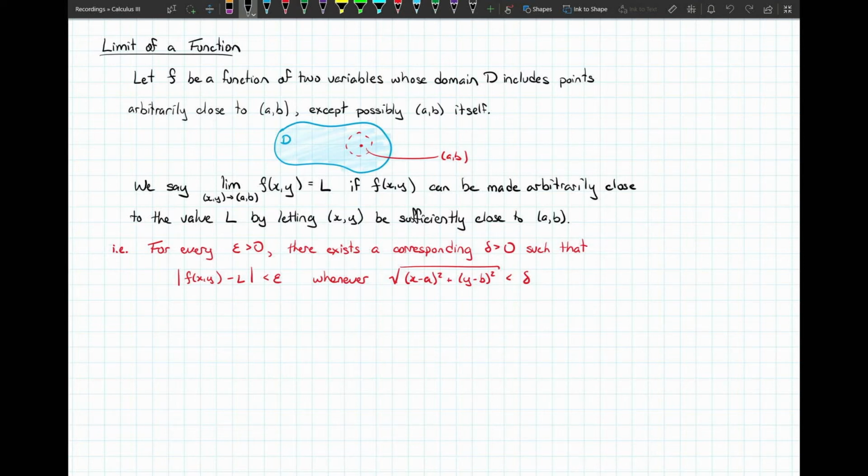We just make that little region get smaller and smaller until we guarantee that we are not any further away from the value L than epsilon.